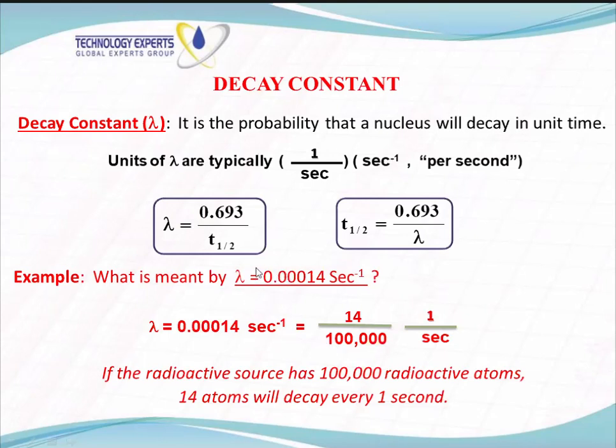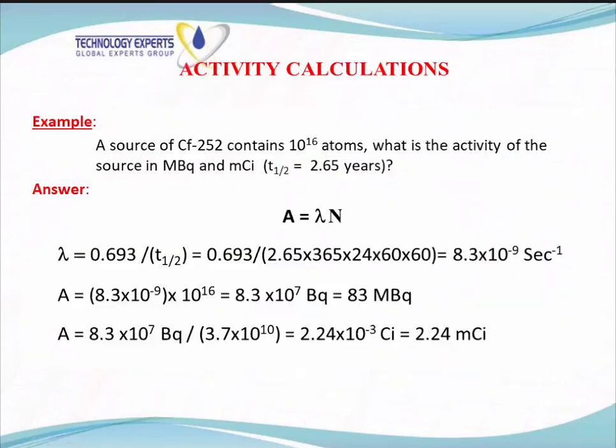If you put this value, 0.00014 divided by 1, this is the probability for 1 nucleus to decay. So this is the probability that 1 nucleus will decay in 1 second. In the exam, he asks about this. So it is a probability for decay for 1 nucleus in 1 second.